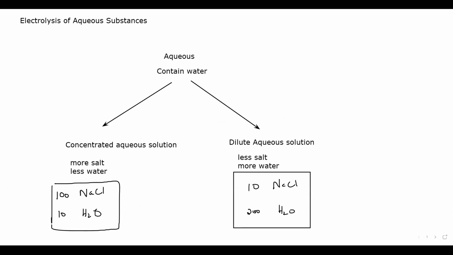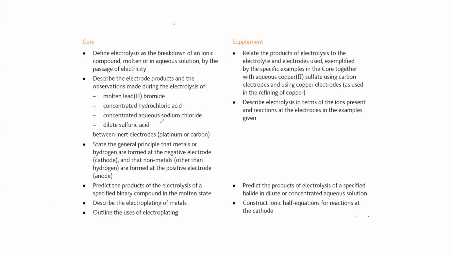So today we did electrolysis of molten sodium chloride and we did electrolysis of aqueous concentrated. We did lead bromide, as well as we completed the electrolysis of molten sodium chloride.